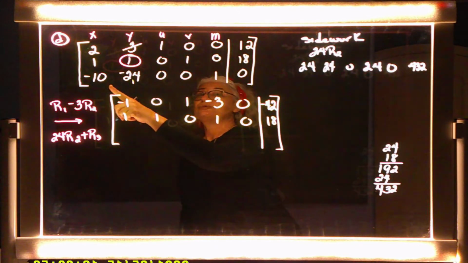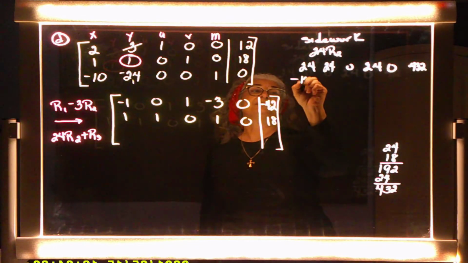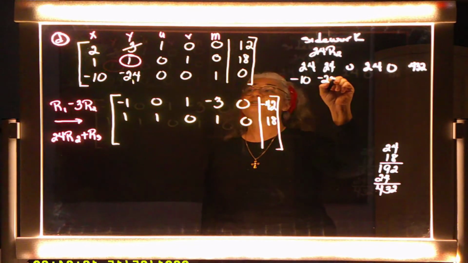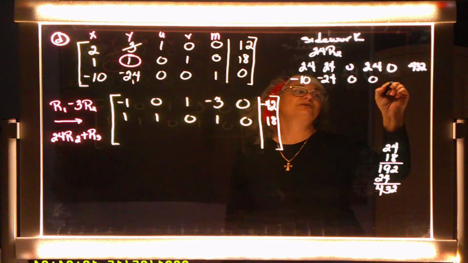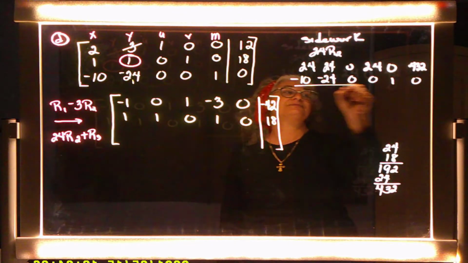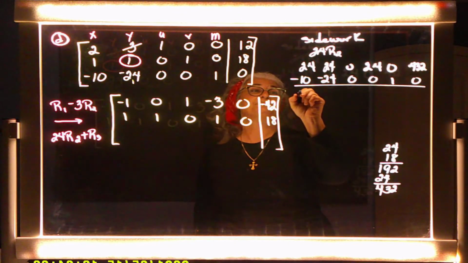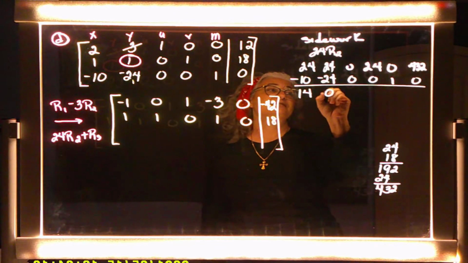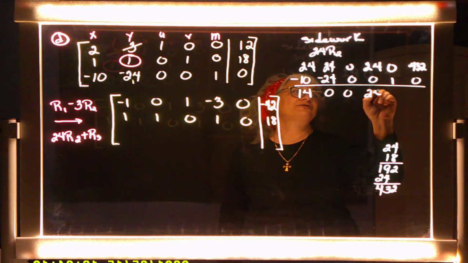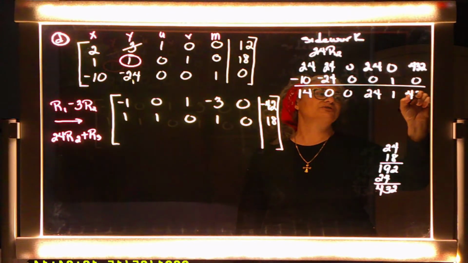And then we're going to add row 3 to it, which is a negative 10, a negative 24, a 0, a 0, a 1, and a 0. Adding it all up gives me a 14, a 0, a 0, a 24, a 1, and a 432.